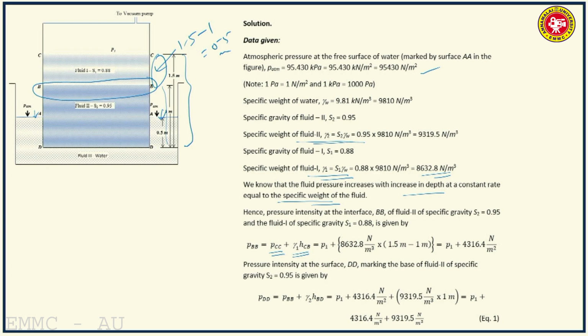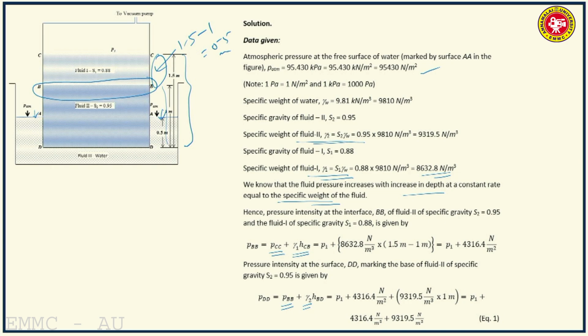Then pressure intensity at the surface bottom DD, that is given by PDD is equal to PBB plus specific weight of fluid 2 multiplied by the depth of fluid 2, that is from B to D, that is HBD.